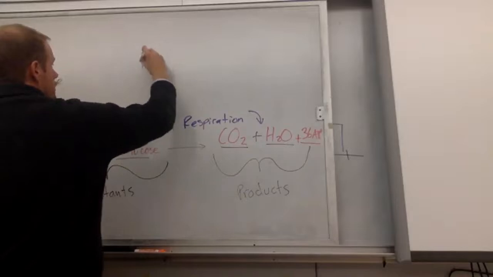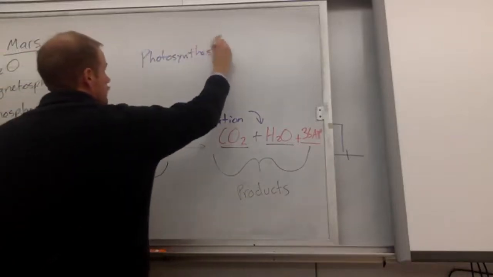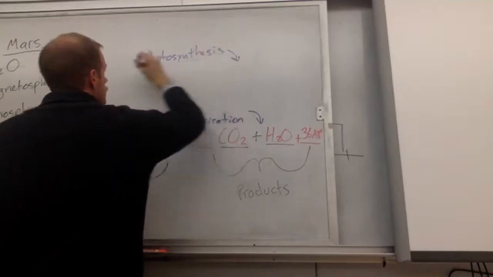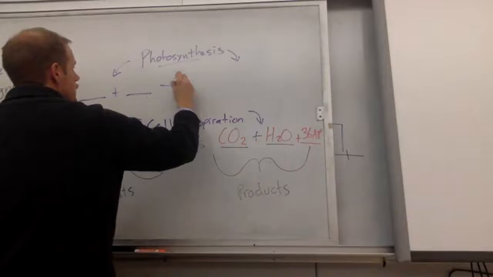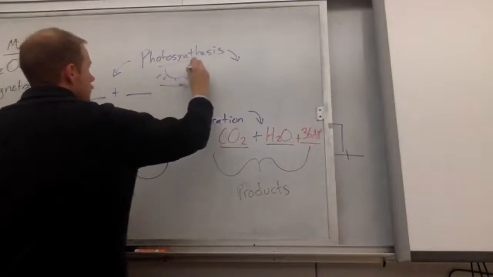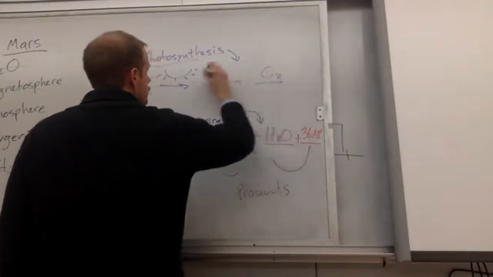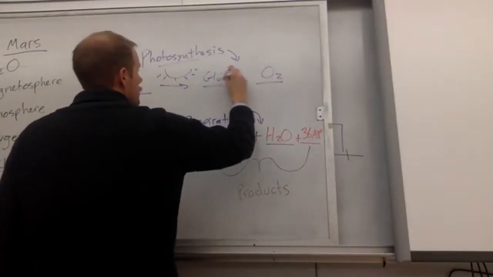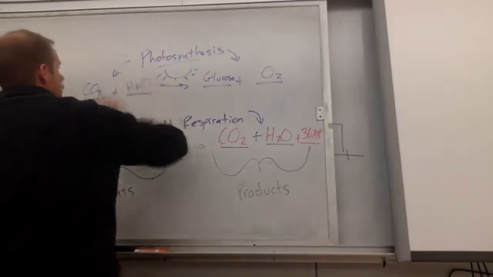Then we can do photosynthesis up here. And that's boom plus boom, and the presence of boom gives us boom plus boom. You know, that's O2, glucose, taking CO2, H2O.